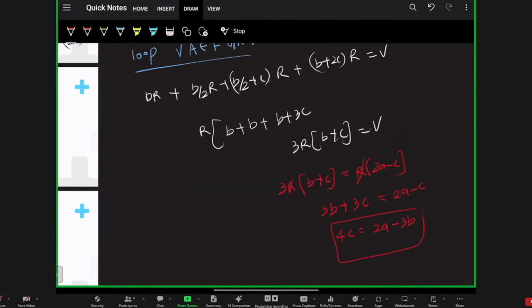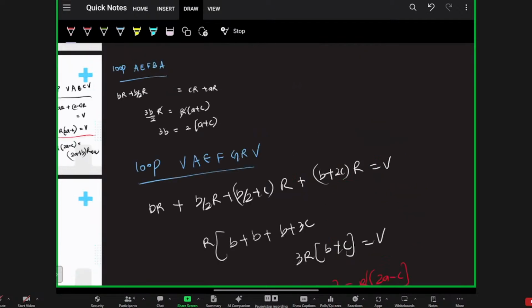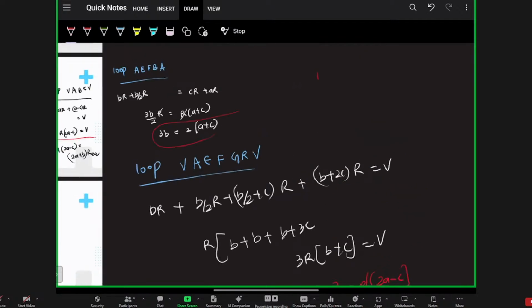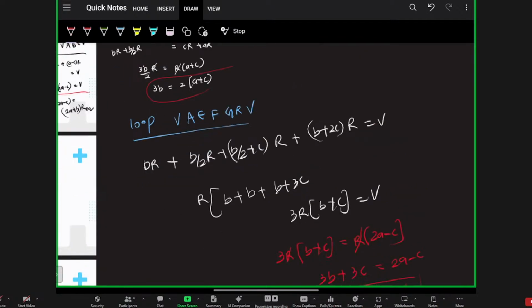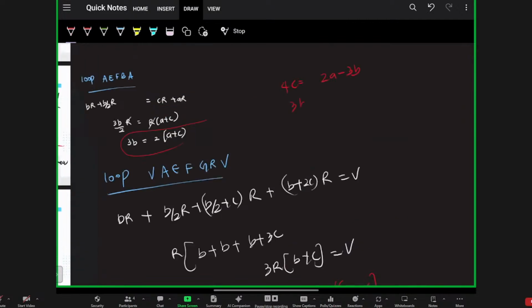We have another equation. 4C is equal to 2A minus 3B, and 3B is equal to 2A plus 2C. Okay, so in terms of C, so it will be 3B equal to 2A plus 2C. So 2C equal to 3B minus 2A.